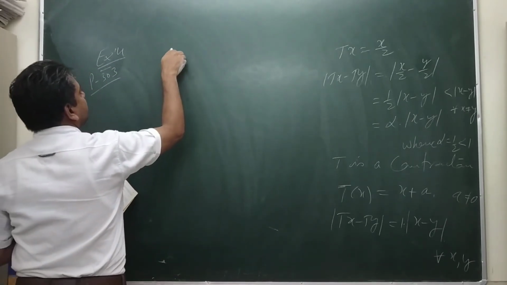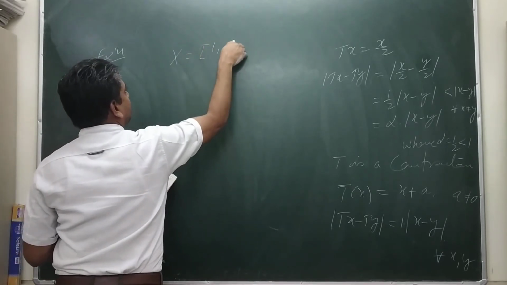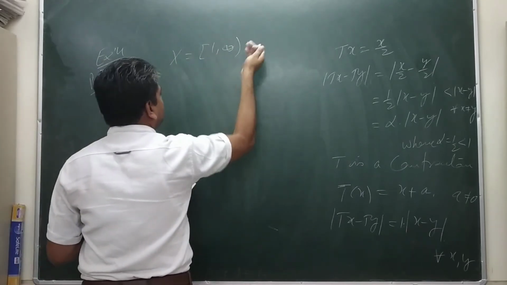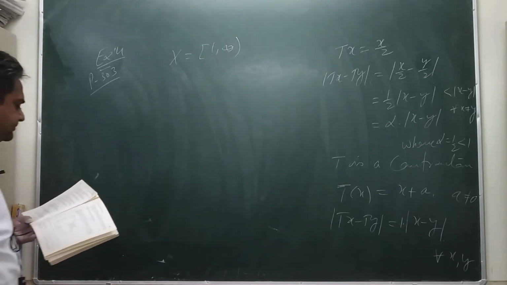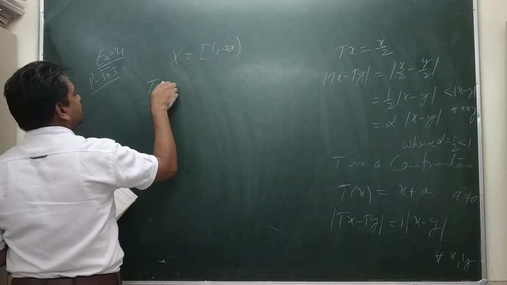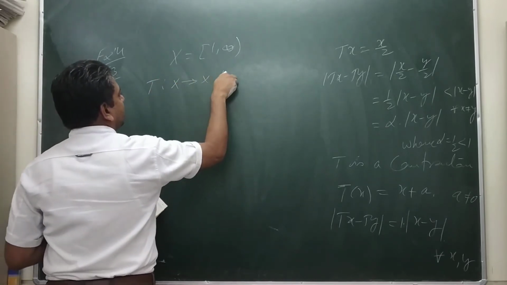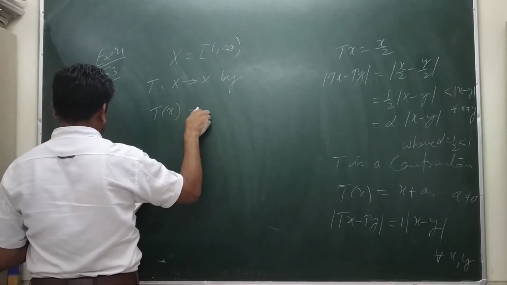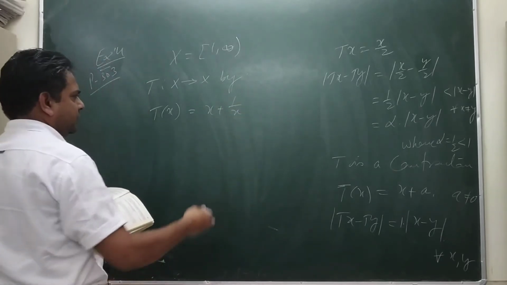My X is a set, a subset of R. Here we can consider the usual metric space and define a map T from X to X by the rule T of x equals x plus 1 over x, for all x.